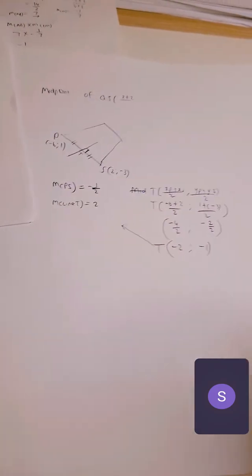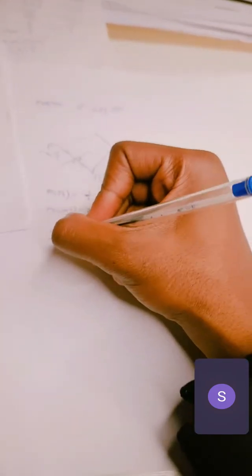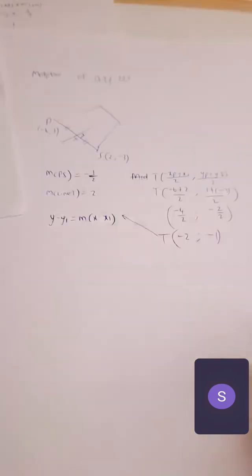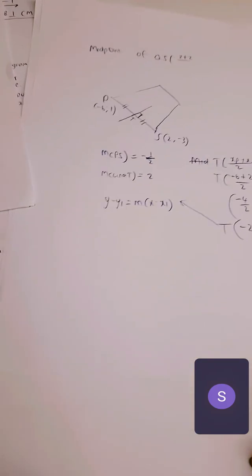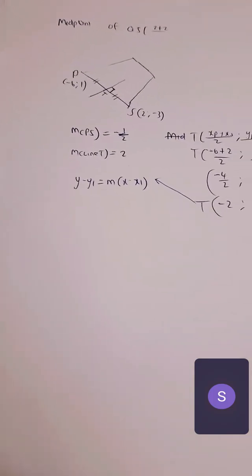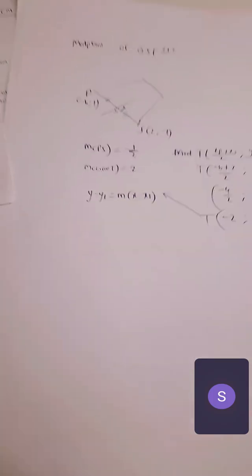So now we have a point, we can find the equation of the line. Let's use this formula of yours, and then we'll also use the other one.